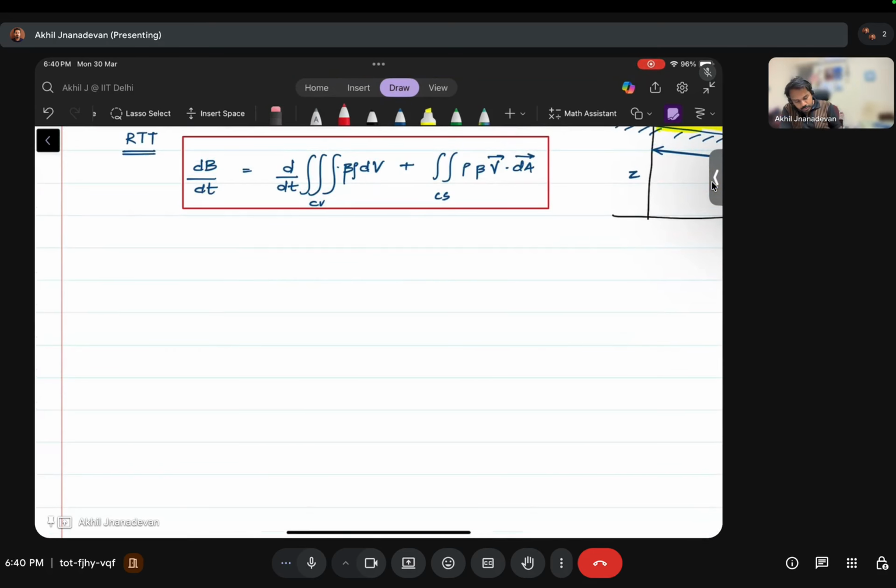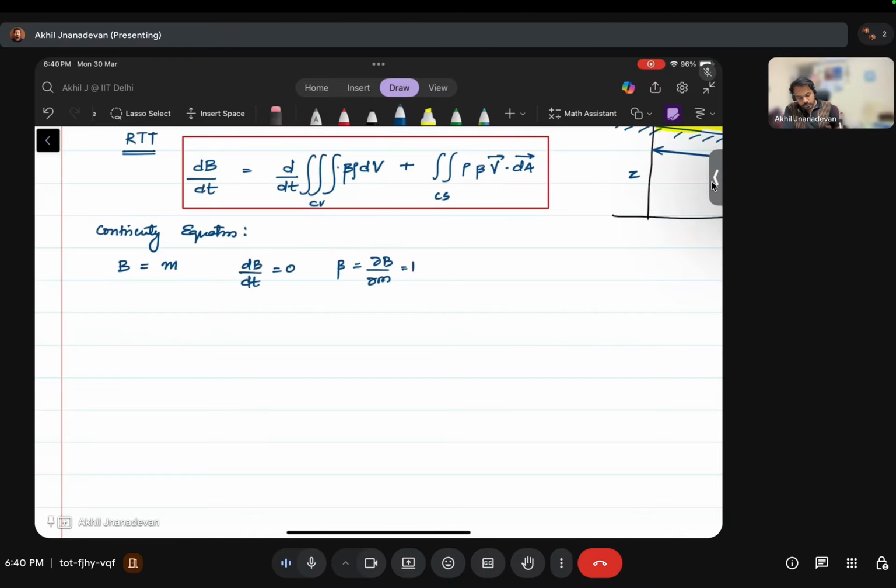Now let's come to the continuity equation. Here we consider our extensive property as mass. So dB by dt becomes 0, and beta, which is dou B by dou M, will be equal to 1.